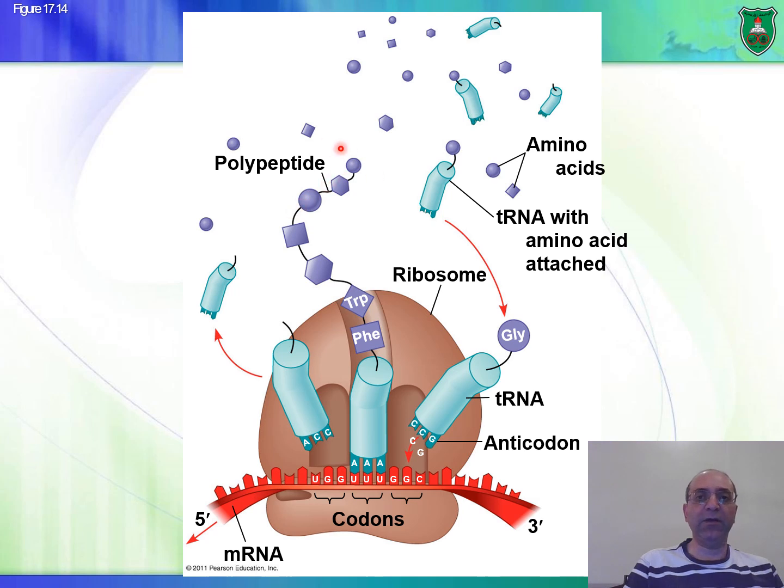Here you have the amino terminus, and right here is the carboxyl terminus of the polypeptide, and this whole thing is transferred, by the way, to this amino acid. You have the formation of the peptide bond between this amino acid and this one right here. Then you have translocation and so on, and the uncharged tRNA is kicked out.